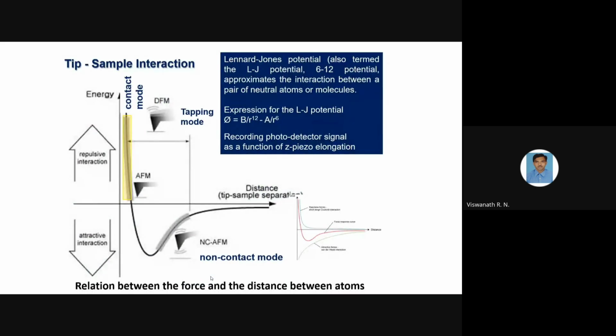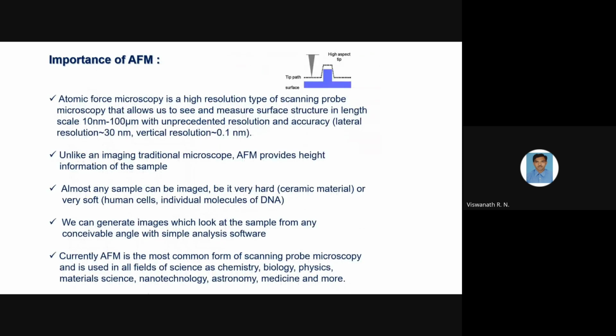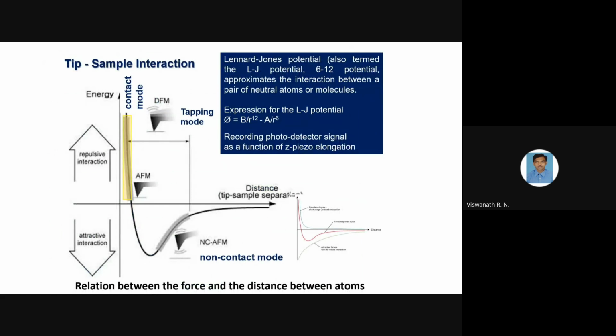Actually, how it works, this curve is very important. I think you people are very familiar with this LJ potential, right? So any two objects are well separated, for example, here any two objects are well separated.